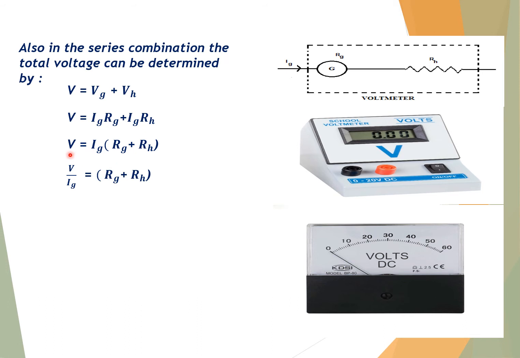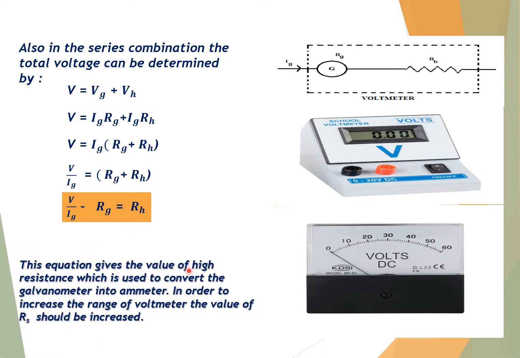Dividing by Ig, we get V divided by Ig is equal to Rg plus RH. Subtracting Rg from both sides of the equation, we get RH is equal to V divided by Ig minus Rg.